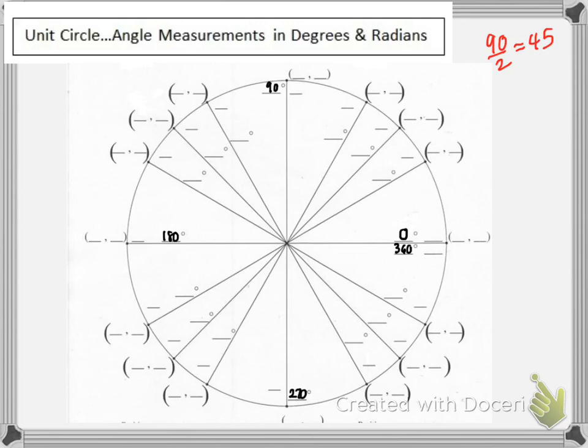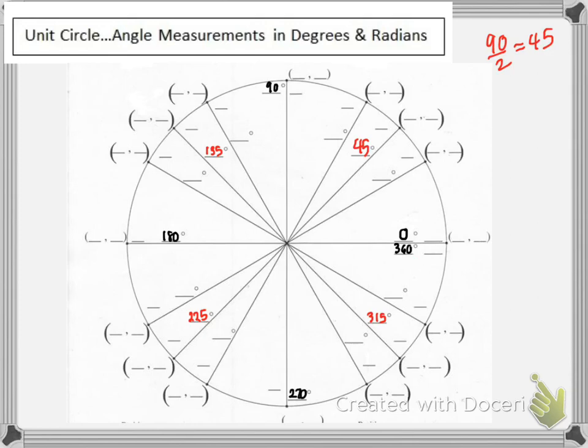So I'm going to say 0 degrees, 45 degrees, plus 45 degrees takes me to 90 degrees at the top, plus 45 degrees takes me to 135 degrees, plus 45 degrees takes me to 180 on the left, plus 45 degrees takes me to 225 degrees, plus 45 degrees takes me to 270 degrees on the bottom, plus 45 degrees takes me to 315 degrees, plus 45 degrees takes me back to 360 at the end.